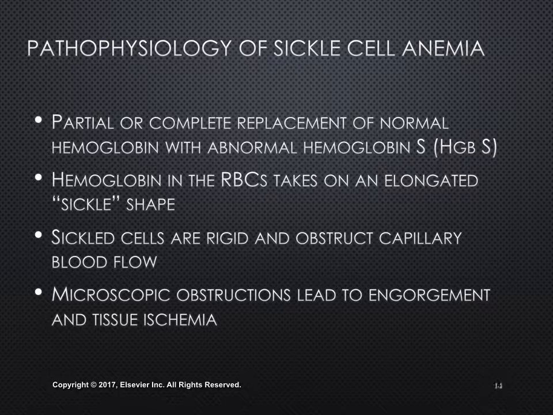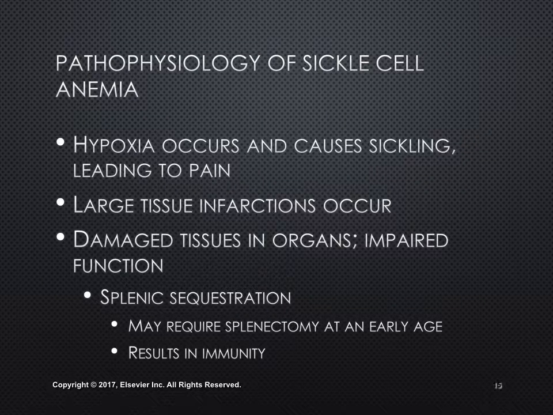In addition, the sickle cells don't carry oxygen as effectively as a normal cell, so it also leads to hypoxia, which causes the sickling, and that leads to pain in the areas that are becoming hypoxic.